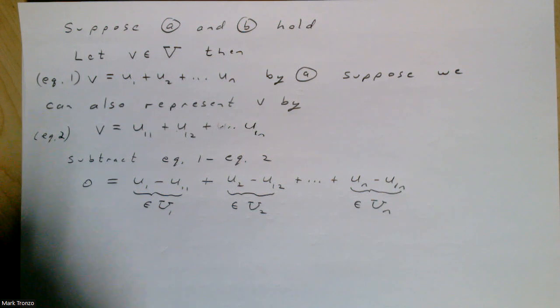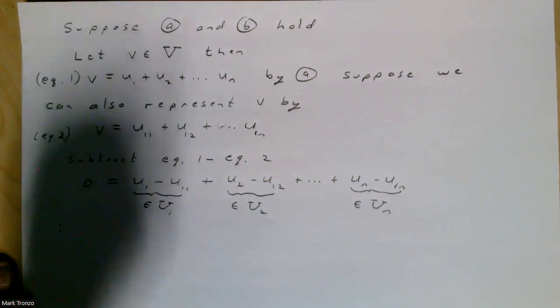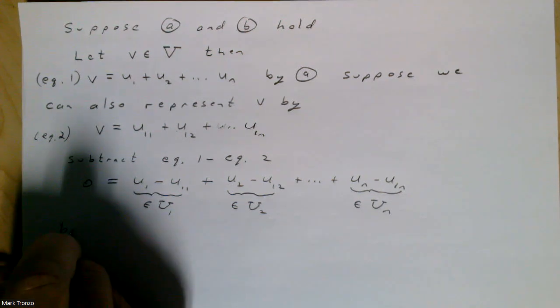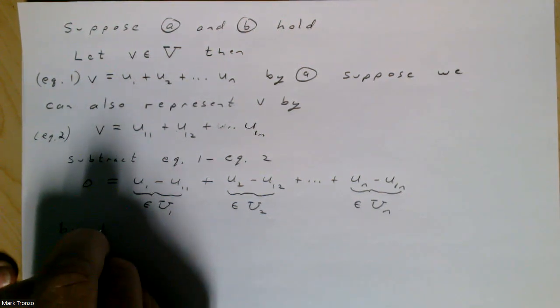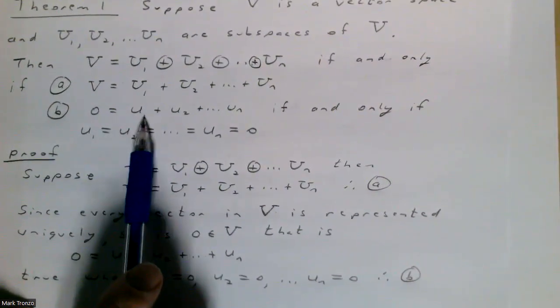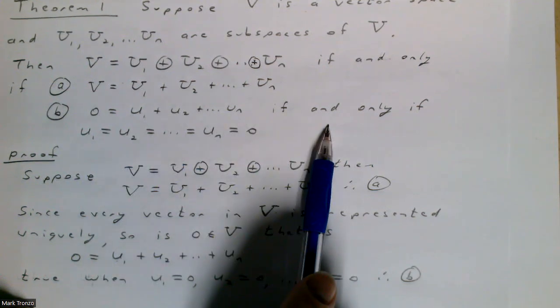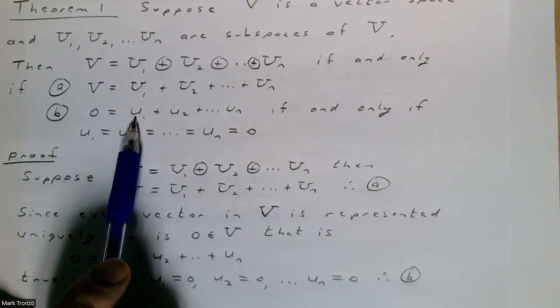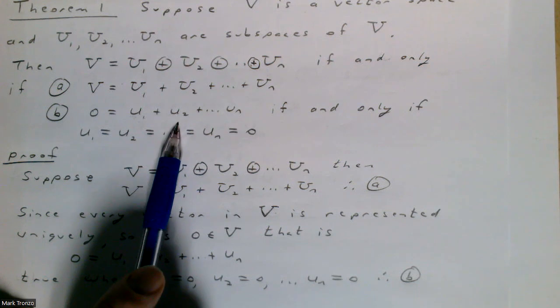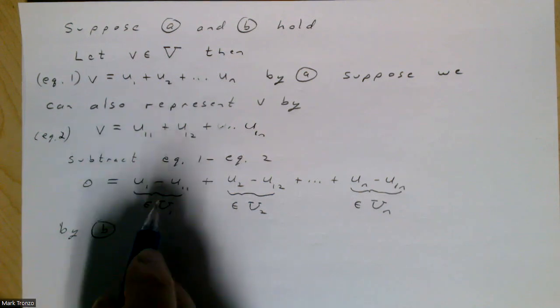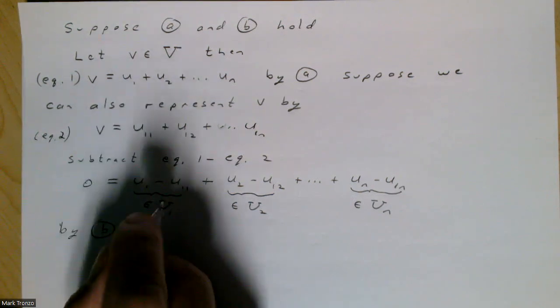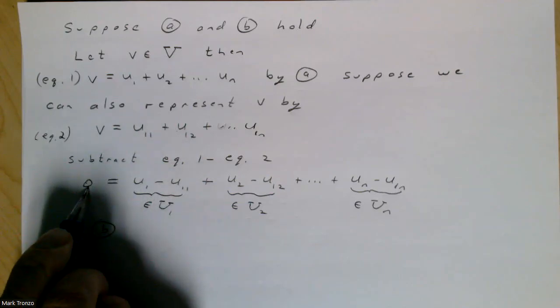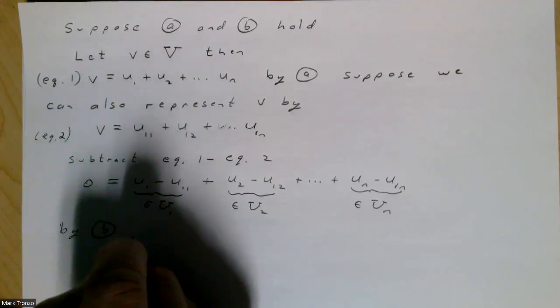But by B, and remember B said 0 was represented as this sum if and only if these are all 0. So the element from subspace 1 was 0, subspace 2 was 0, these were all 0. So by B, this is saying that this has to be 0. 0 is only represented by a 0 from here.